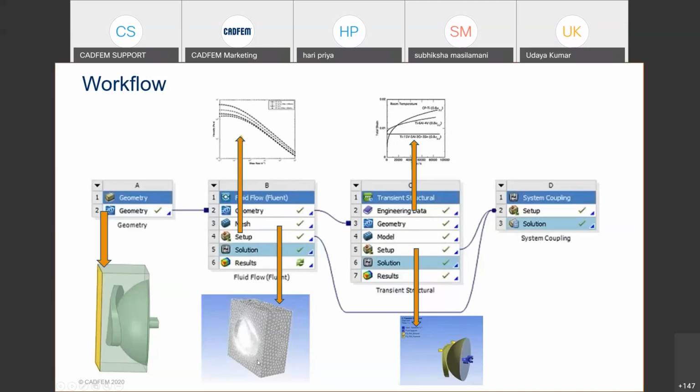The pressure inside changes, so the fluid pressure also acts on the structure surface, which causes some deformation in the structure. So a continuous communication is being done between the fluid and structure. System coupling can be used for the continuous communication between them.